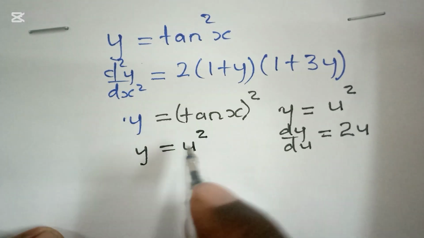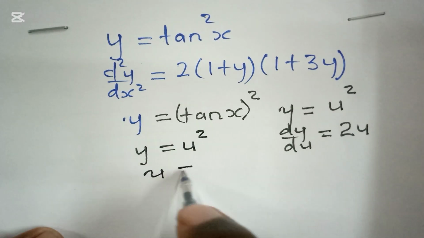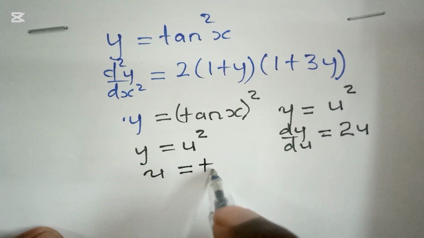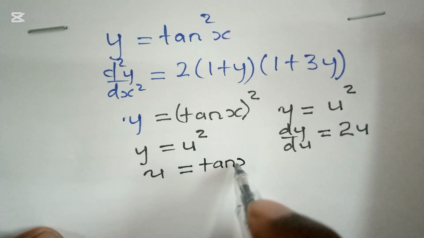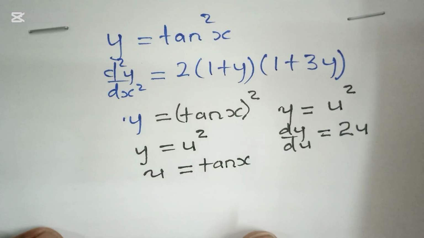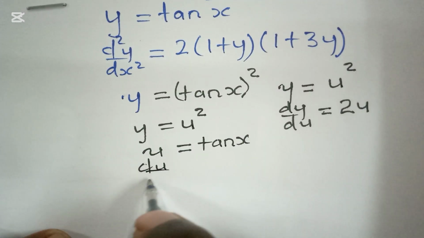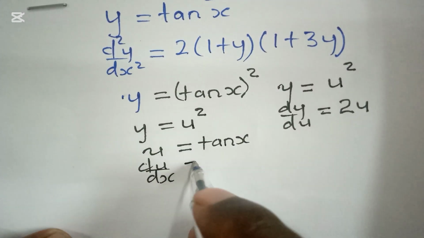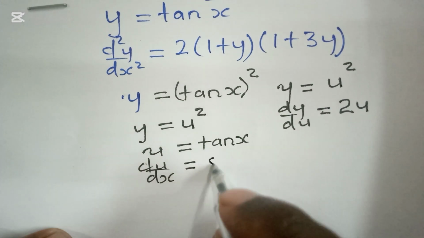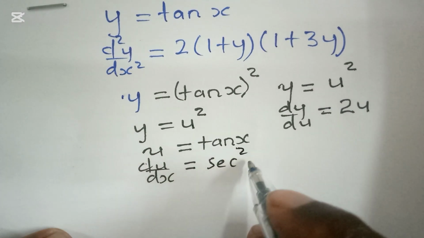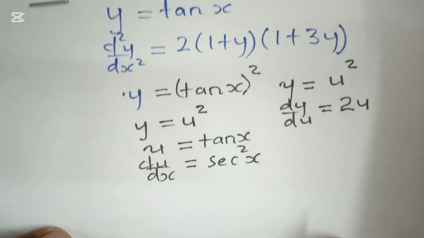Again guys, that's what we have already done. We now come to u is equal to tan x, like that. So that guys, we can say du dx. This one now gives us sec squared x, like that.